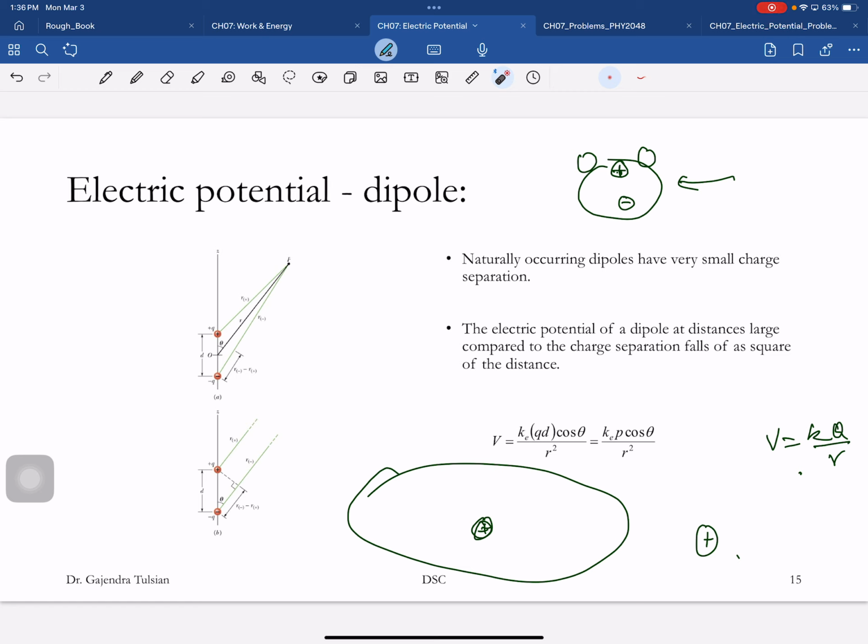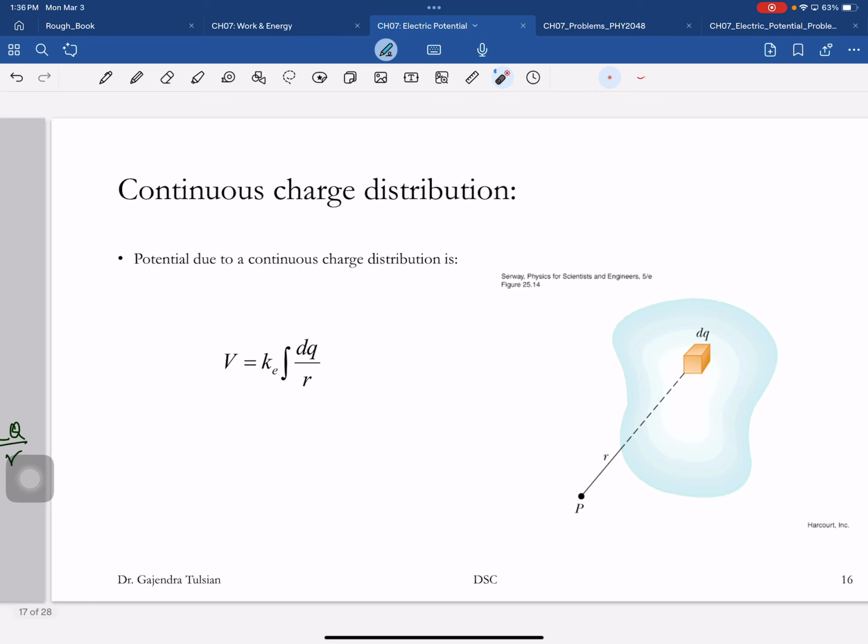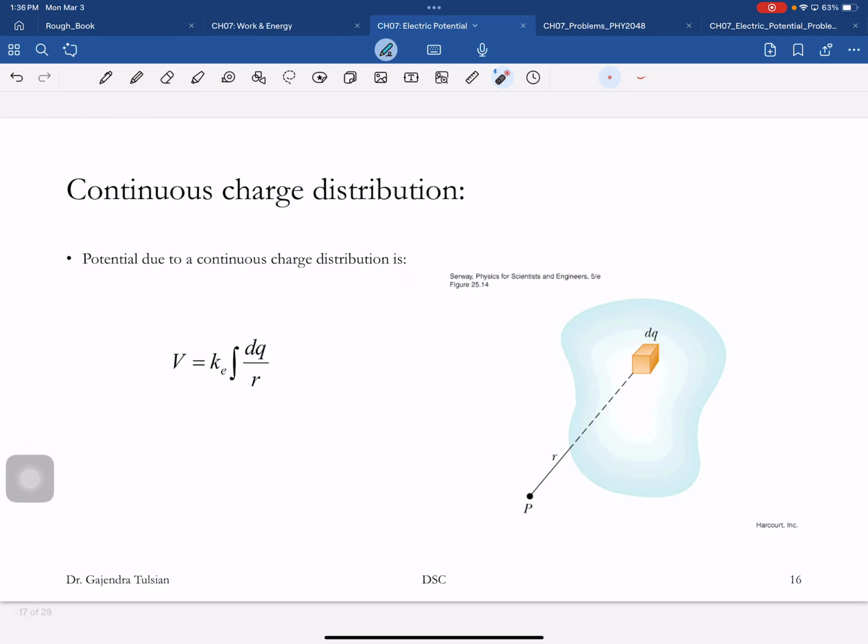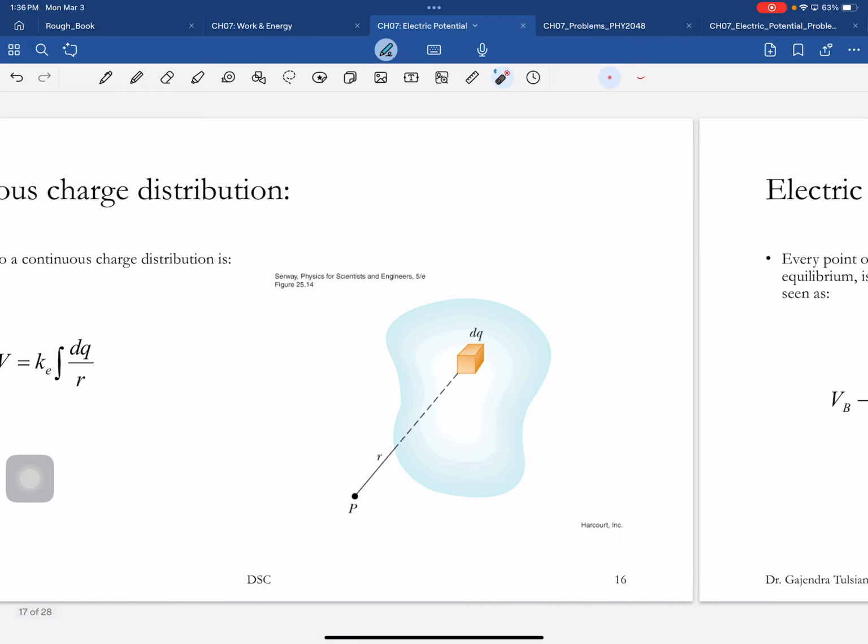So the potential is falling off faster. If you have a cloud of charge, to find the potential at this point, you do this volume integral. You break this up into little point charges. The potential due to this one is k dq by r, and then you just sum them all.